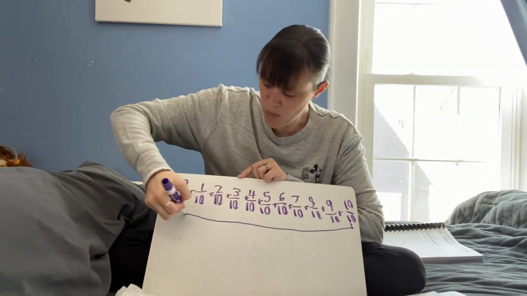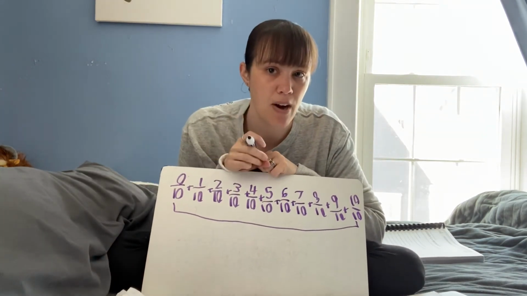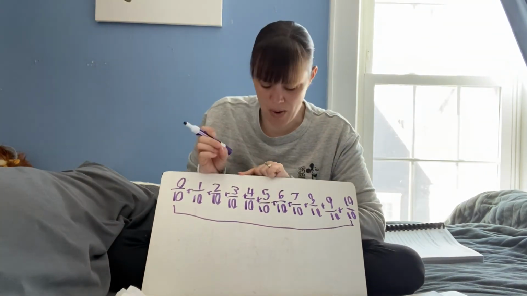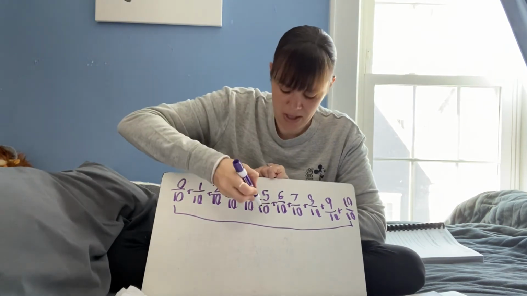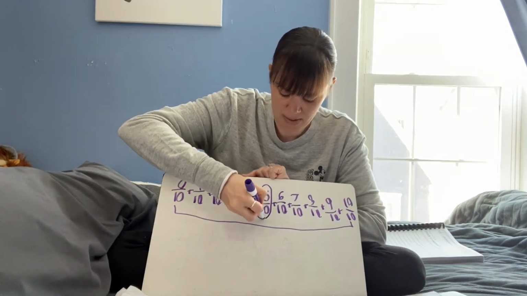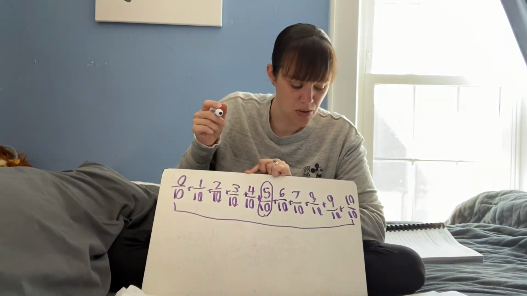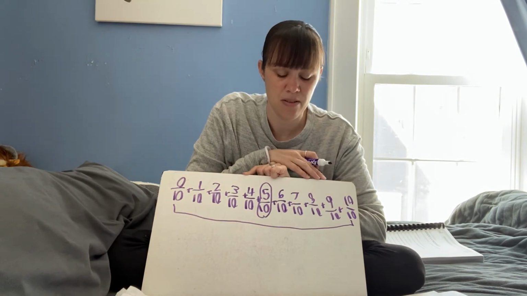So when we're adding tenths, we're actually adding 11 fractions, right? We can't exactly do half of 11, can we? So in your head, you should be thinking, oh, this one is not going to have a pair. Correct. So what is half of 10 then? 5. Is that going to work?